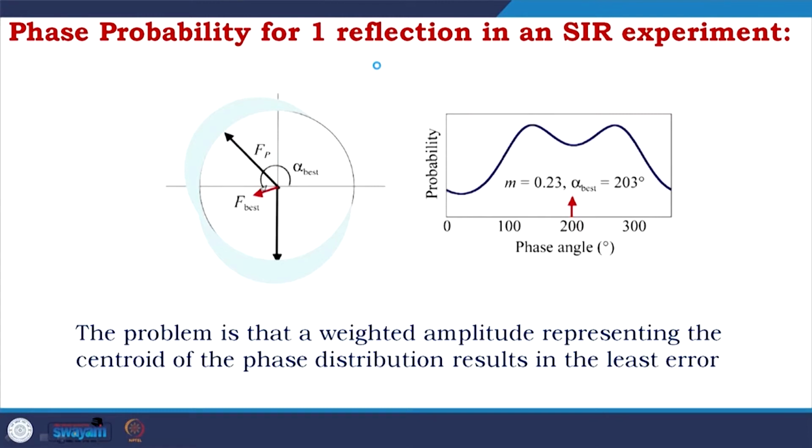So, for the phase probability for one reflection in an SIR experiment, the problem is that a weighted amplitude representing the centroid of the phase distribution results in the least error. So, you get two peaks.